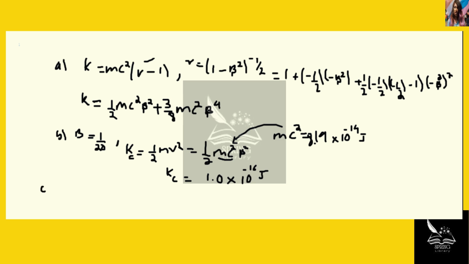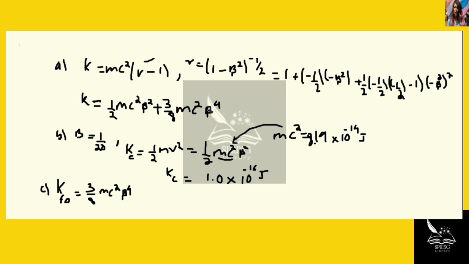Now the first order kinetic energy, I will write FO for first order, is as we can see here 3 over 8 mc square beta 4.